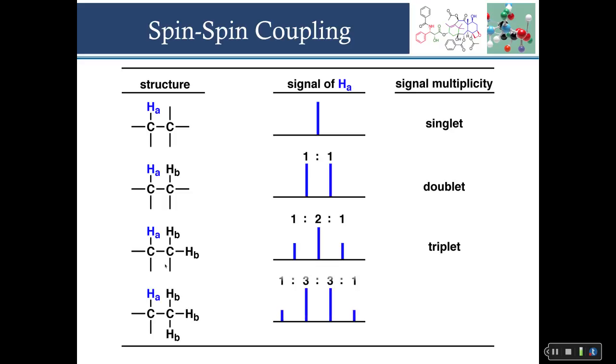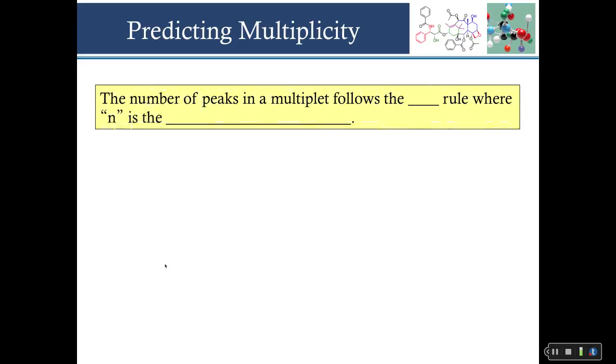And then one more, this HA that's next to three adjacent chemically equivalent protons should give us a quartet and this nice 1 to 3 to 3 to 1 ratio.